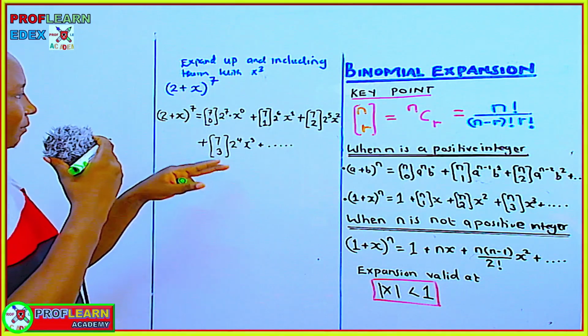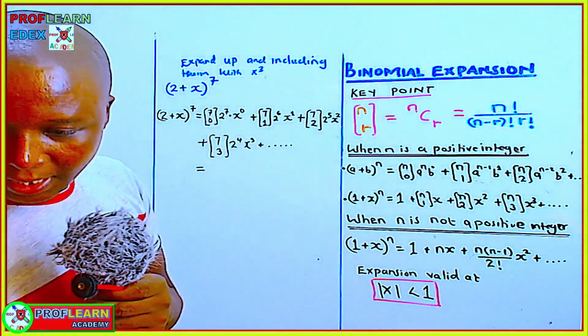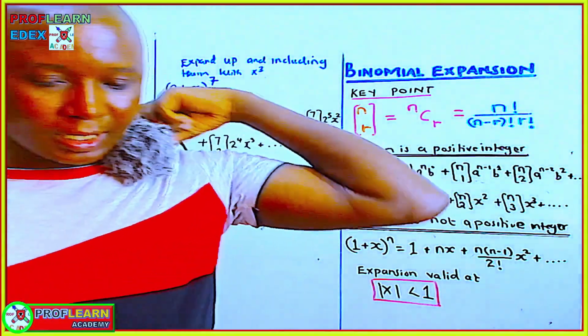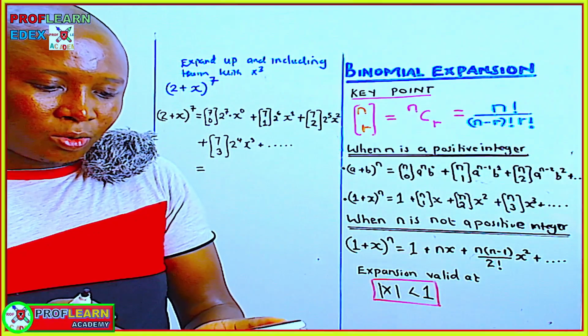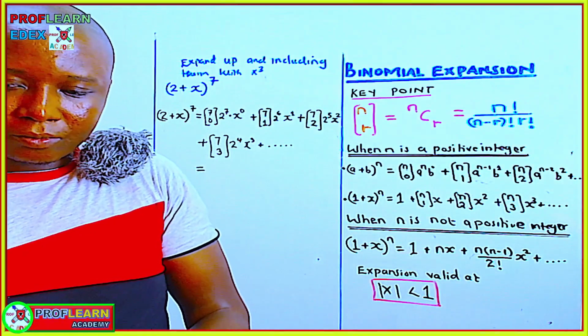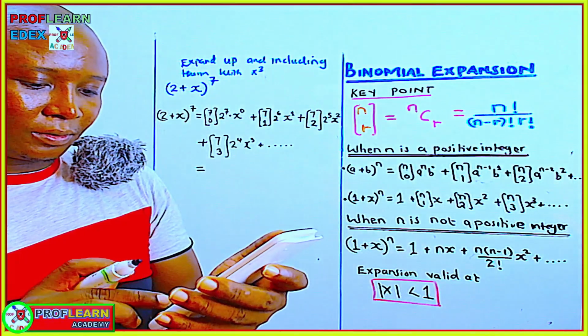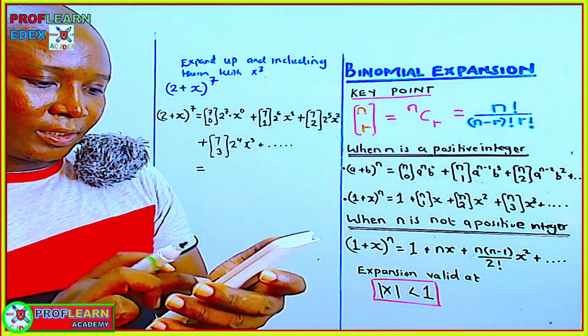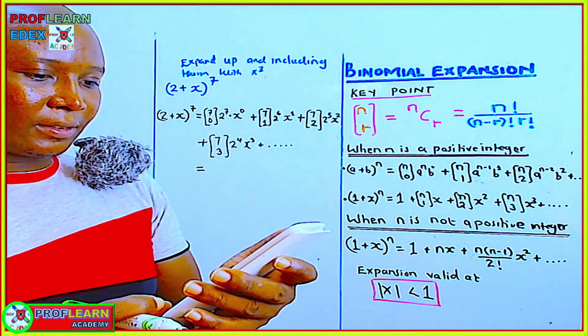We are going to simplify this by putting our information in the calculator. 7 combination 0 is going to give us 1.